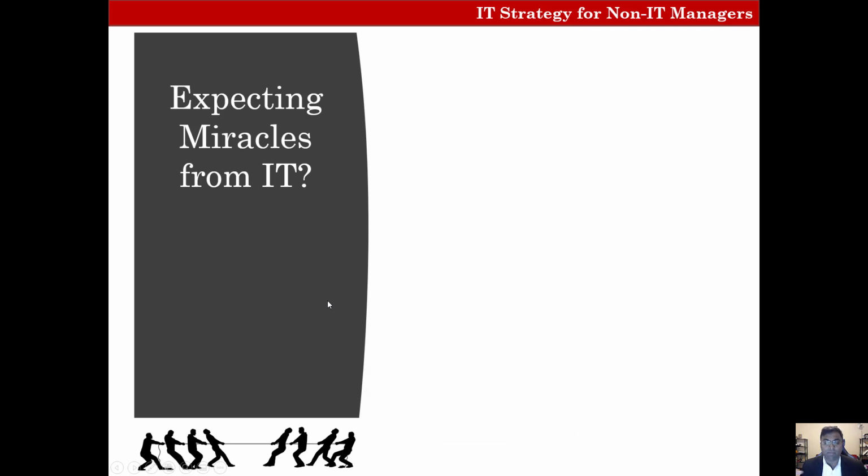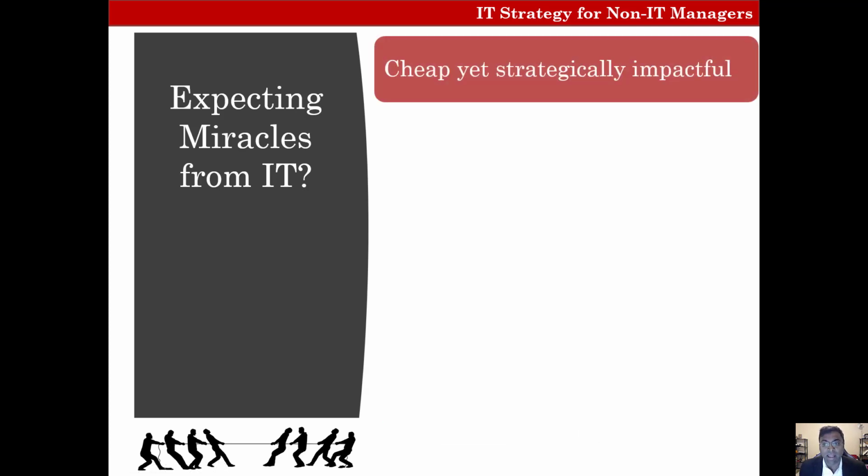So let's look at the fundamental premise here. Firms demand that information technology be economical but strategically impactful. They don't want to spend more money on IT, but they want it to be a catalyst for strategy.